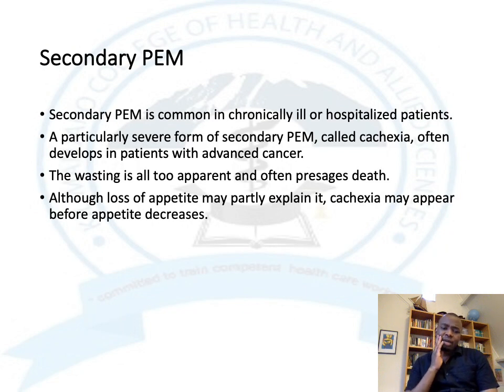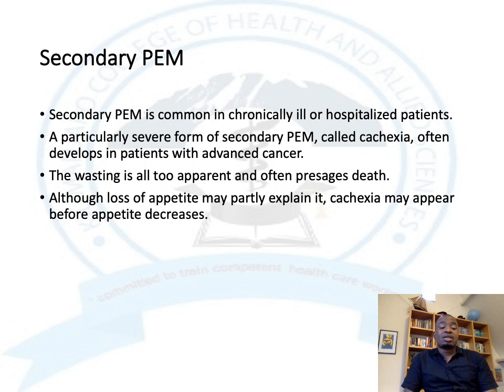Secondary protein energy malnutrition is common in chronically ill and hospitalized patients. A particularly severe form of secondary protein energy malnutrition is called cachexia, often developed in patients with advanced cancer, because this type of people don't get enough food, they don't get protein, they don't eat carbohydrate, and then they will have deficiency of both protein and carbohydrate.